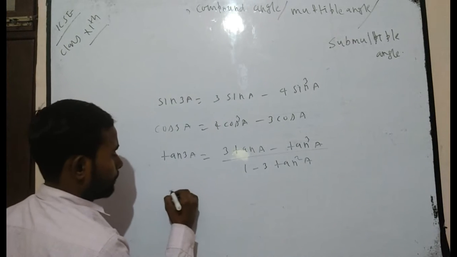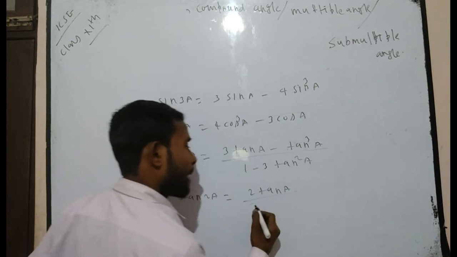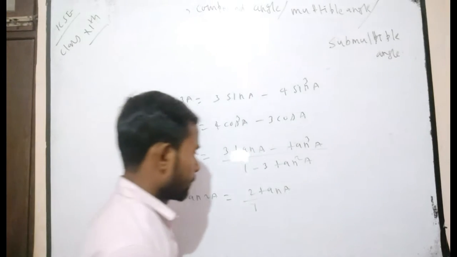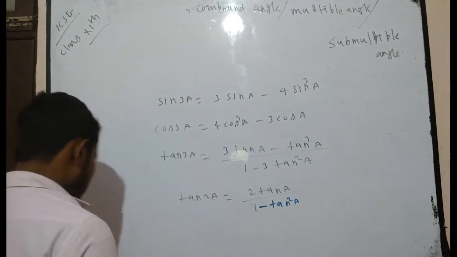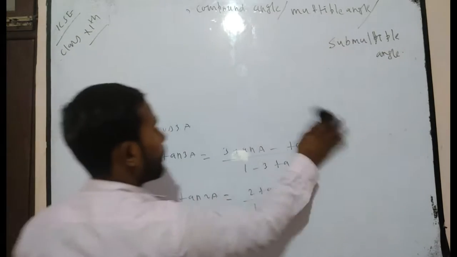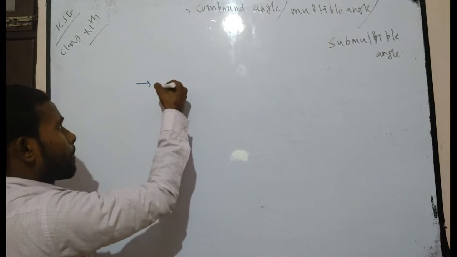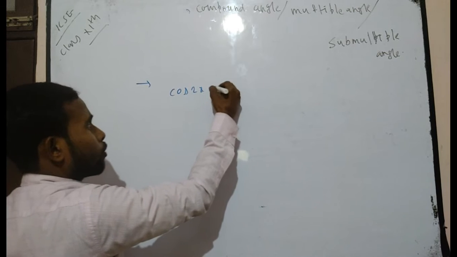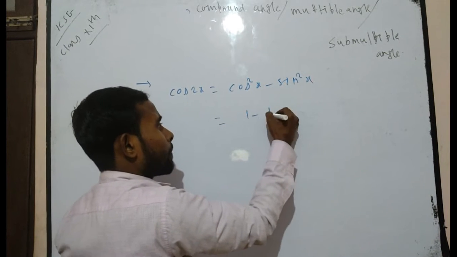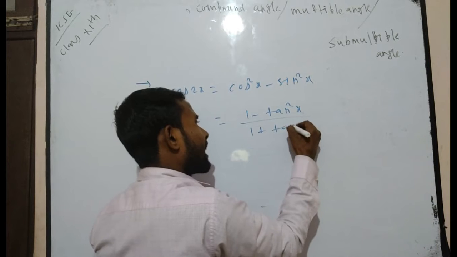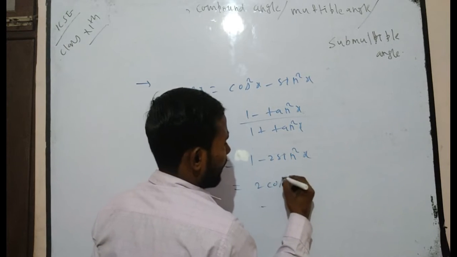Next formula will be tan 2A is equal to 2 tan A divided by 1 minus tan square A. Next will be cos 2x, about which I have already written cos square x minus sin square x, but there is also another formula of it. 1 minus tan square x divided by 1 plus tan square x, and there is also another formula 1 minus 2 sin square x is equal to 2 cos square x minus 1.